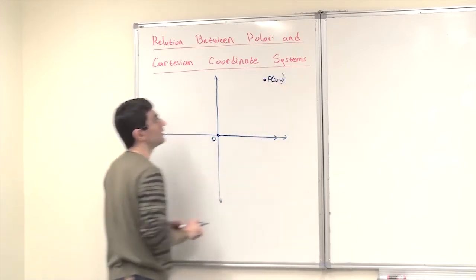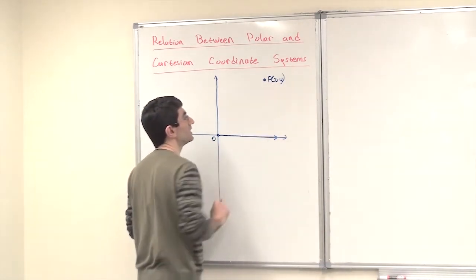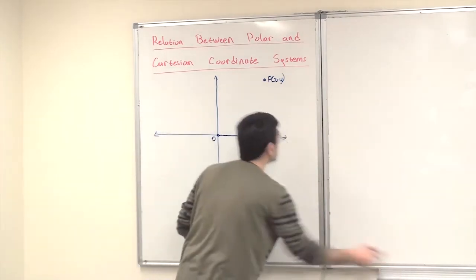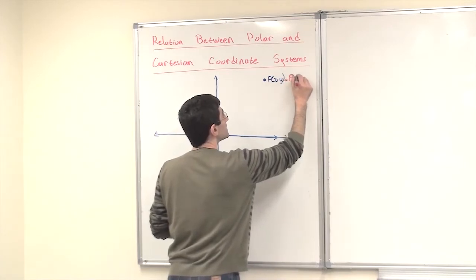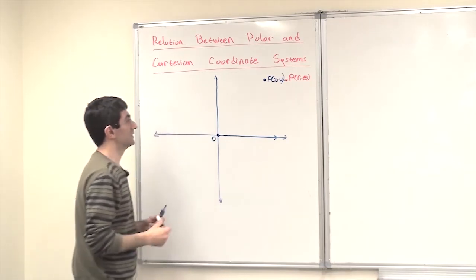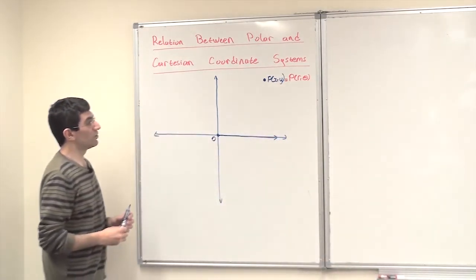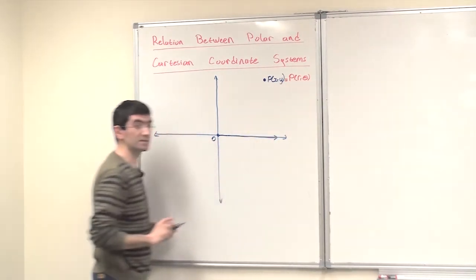Okay, so to derive the relations between polar and Cartesian coordinates, let's take a random point. In the Cartesian coordinate system this point is given by x and y, and let's say the same point in the polar coordinate system is given by the pair r and theta. Our goal is to find the relation between x, y, r, and theta.